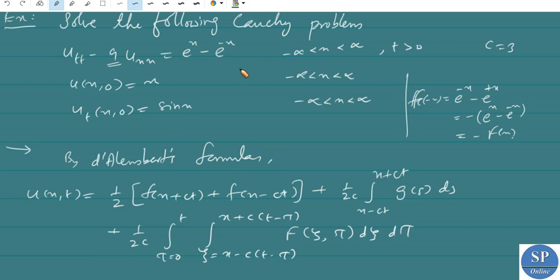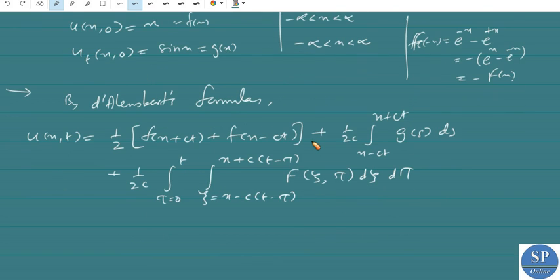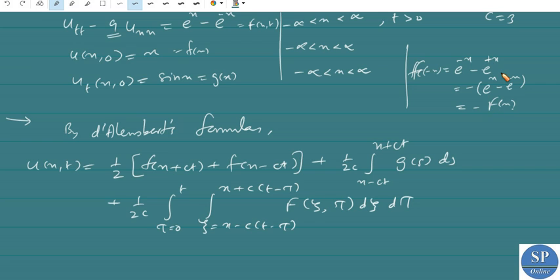Here this is small f of x, this is small g of x, and this is capital F of x comma t. Clear?